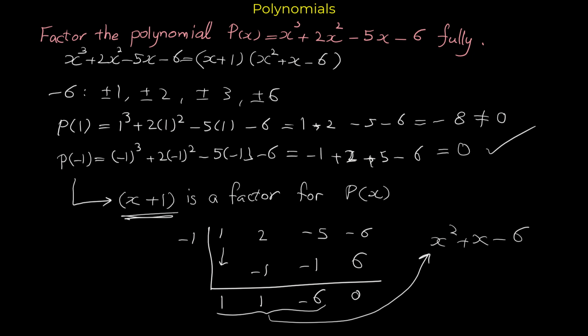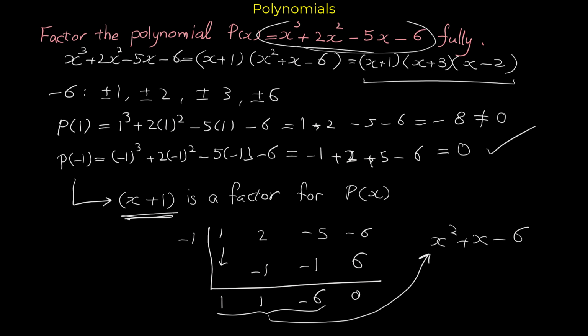Now for factoring this x to the 2 plus x minus 6, we are looking for two numbers whose product is -6 and whose sum is 1. And those numbers are, so we have x plus 1 times x plus 3 times x minus 2. 3 times -2 is -6. 3 minus 2 is 1. Now we have the fully factored form of this given polynomial here.